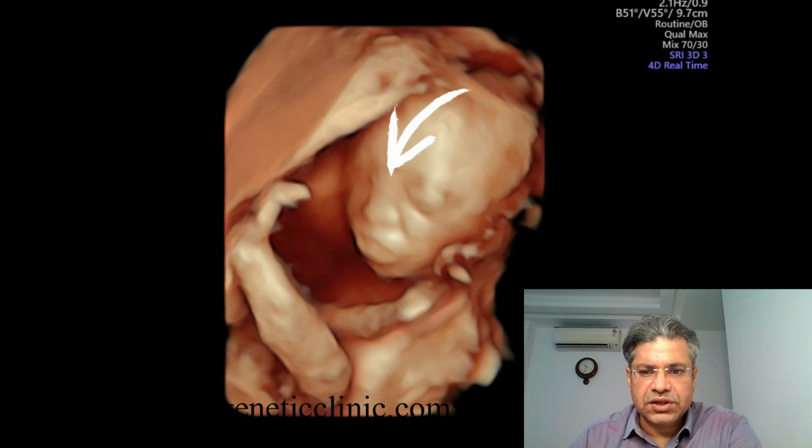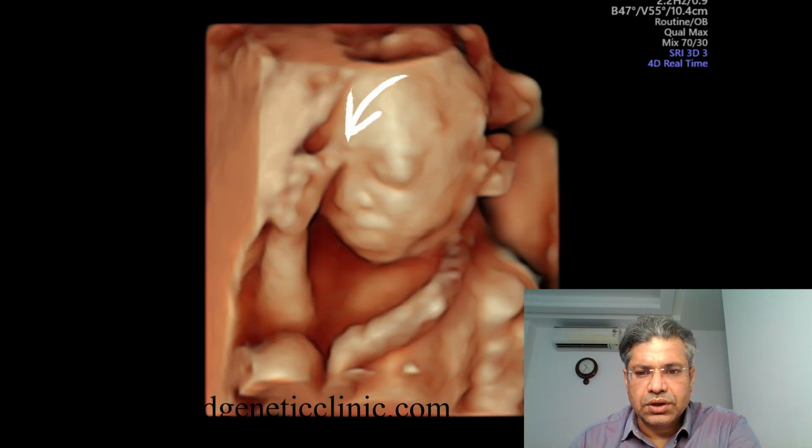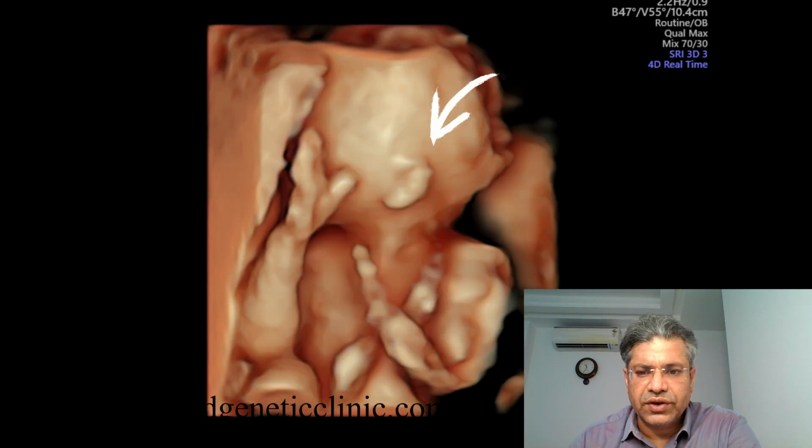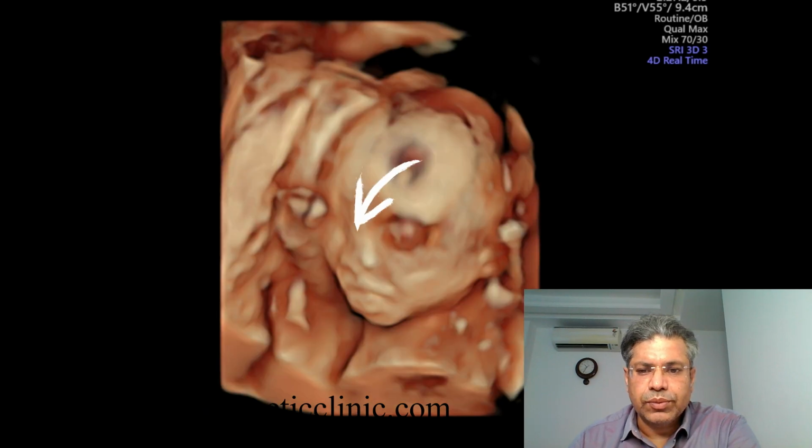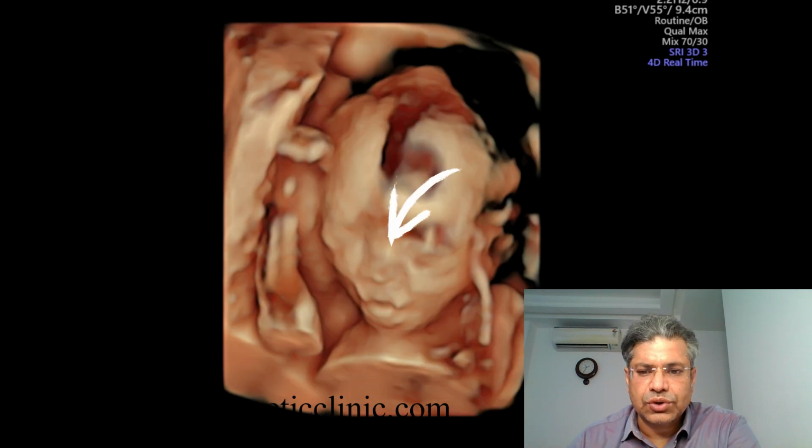This is what we are seeing on 4D ultrasound at 20 weeks, right? It doesn't look that bad. We are trying to look for the face in 4D. We can see the nasal bone and we are seeing the ear. Because this is about chondrodysplasia, we are trying to look at the cartilage. Now there is a hypoplastic anterior nasal spine, and this is the flat nose that I was talking about.